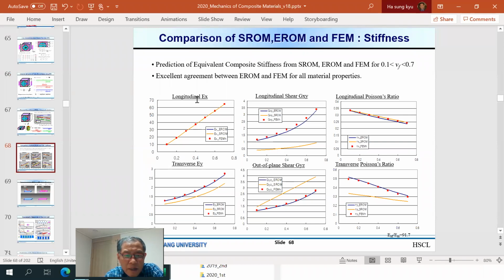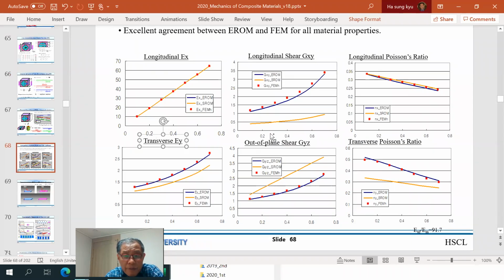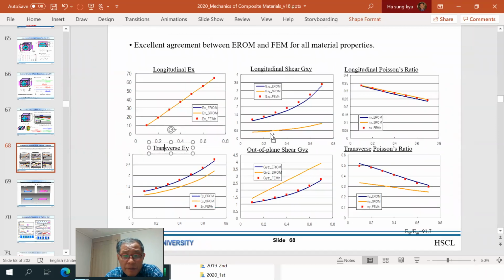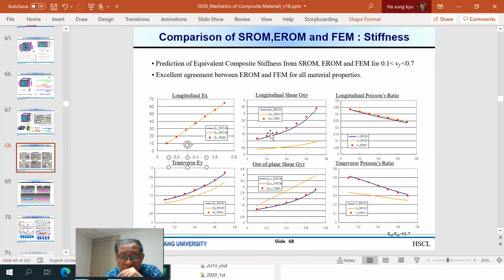other methods. This is the stiffness, EX, equivalent stiffness. This is the shear and Poisson's ratio, and so on. These are material properties, and these are FEM and simple rule of mixtures, and enhanced rule of mixtures.